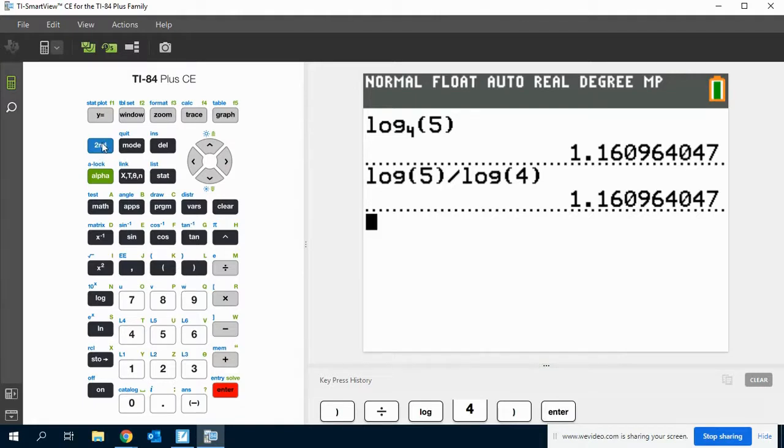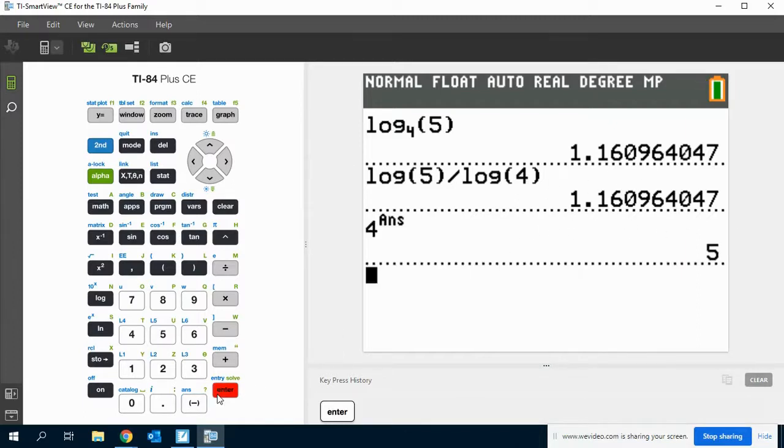Now, real quick, let's make sure that if I do 4 to the whatever this answer is power, then I get 5. And that appears to be true.